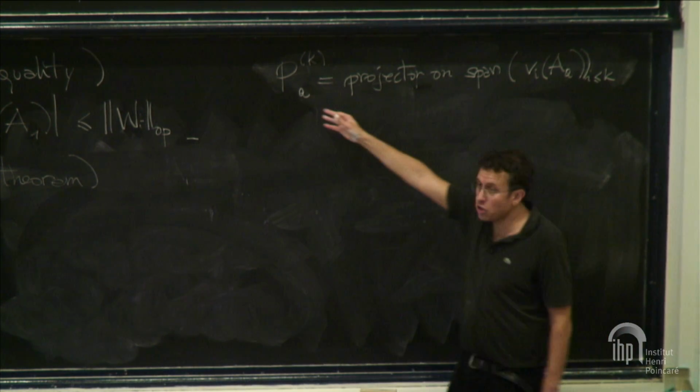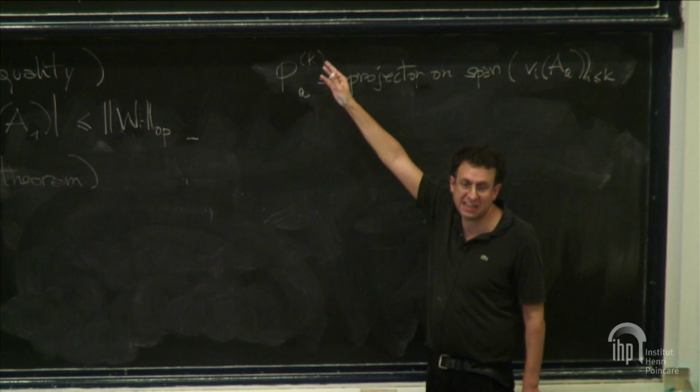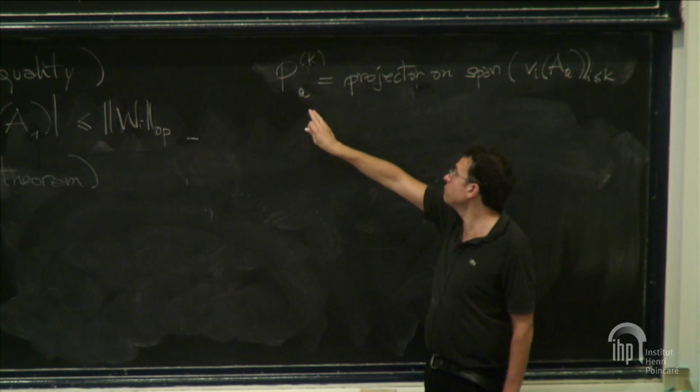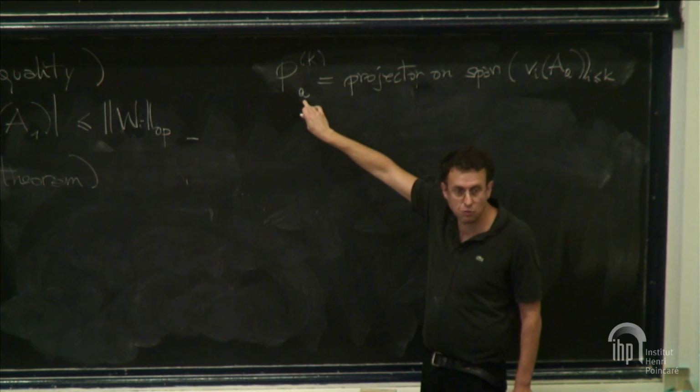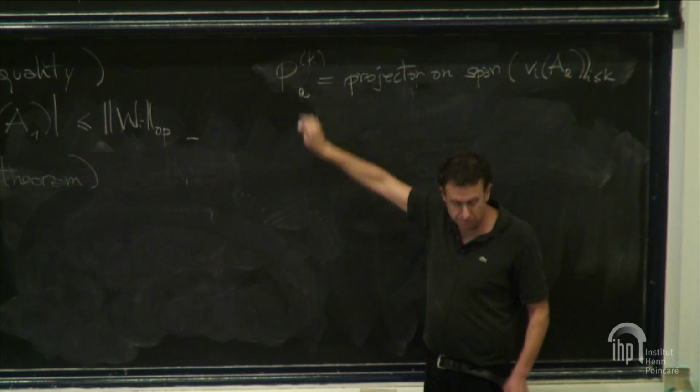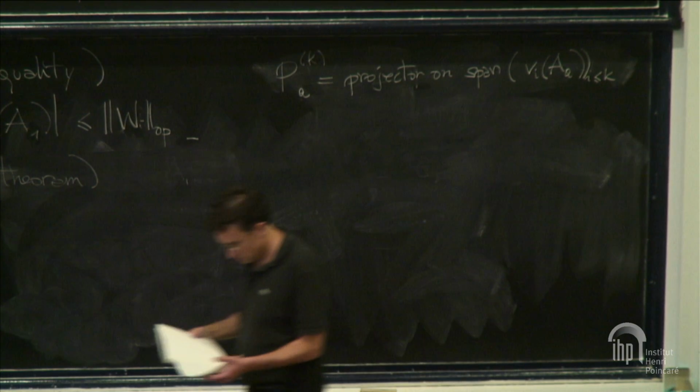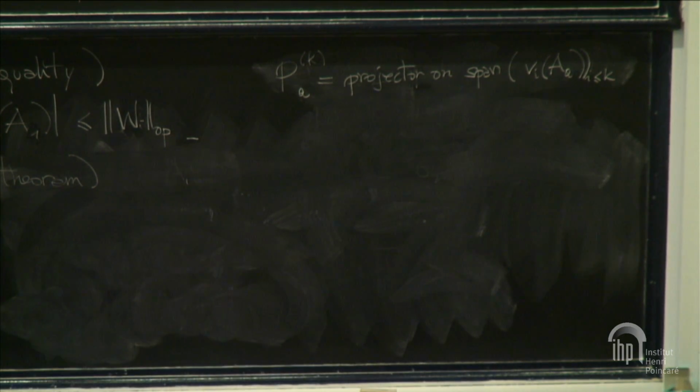Call the orthogonal projector onto that span P_k. I have two of them: the 0 here is for the unperturbed matrix, and the 1 here is for the perturbed matrix. This is what we'll use to define a distance.